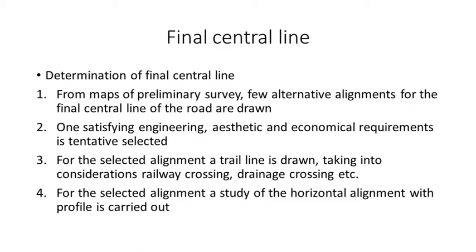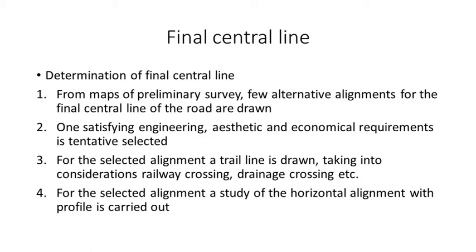From the maps of the preliminary survey, a few alternative alignments for the final central line of the road are drawn. After completing the preliminary survey, we have to select some alternative alignments, not a single alignment, maybe 2, 3, 4, or 5. From those we are going to select the best one.